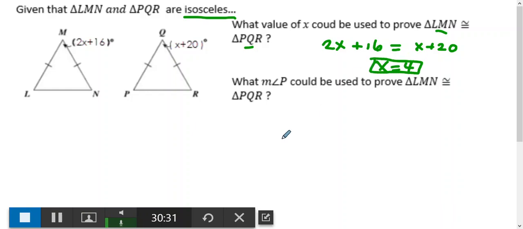Now we want to know what value of p could be used to prove this. We know it's an isosceles triangle, so we know that p and r are going to be the same thing. So if we have a value for q, we can find what p and r are.